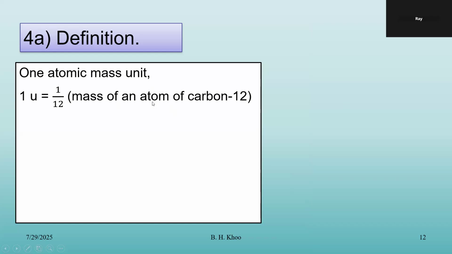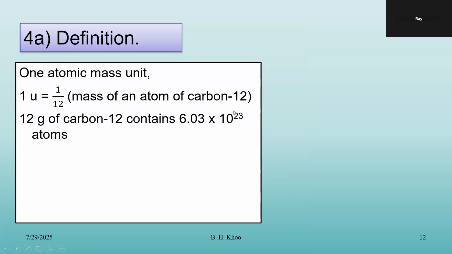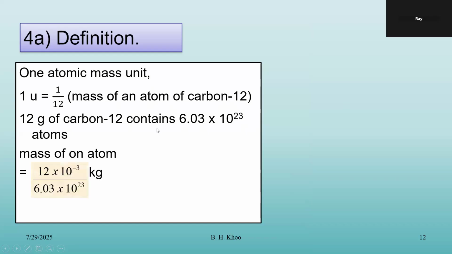So the definition: one atomic mass unit equals 1/12 the mass of an atom of carbon-12. Carbon-12, one mole, contains 6.02 times 10 to the power 23 atoms. To get the mass of an atom, we change the gram to kilogram and then divide by 6.02 times 10 to the power 23.